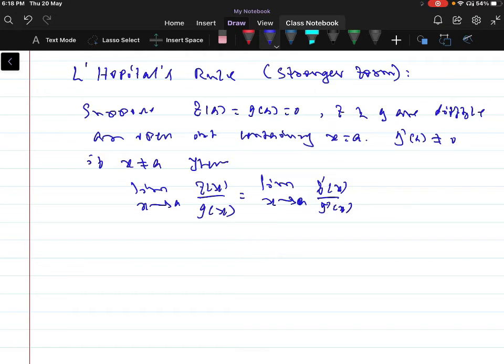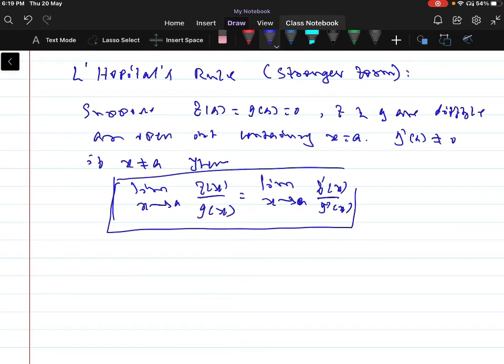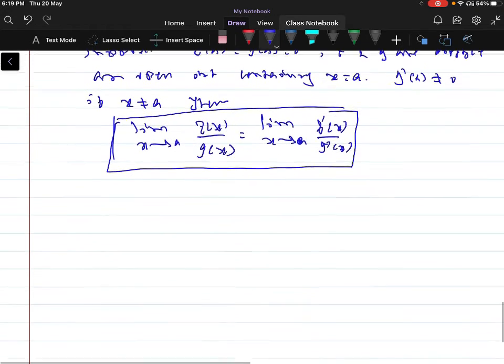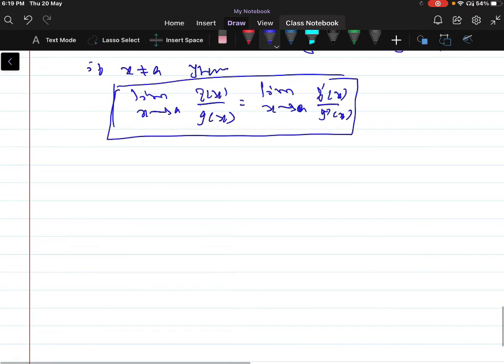Taking the derivatives f dash of x and g dash of x separately as x approaches a is the same as the limit as x approaches a of the function f of x by g of x. So this is the stronger form of L'Hopital's rule. By using this result we can solve problems and evaluate indeterminate expressions.